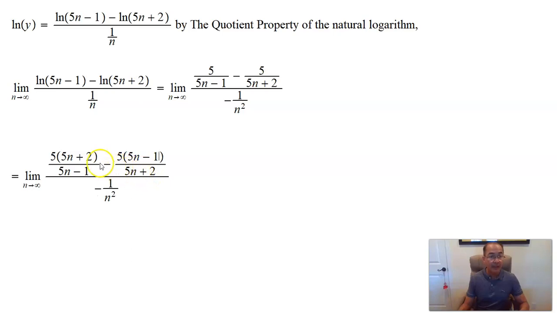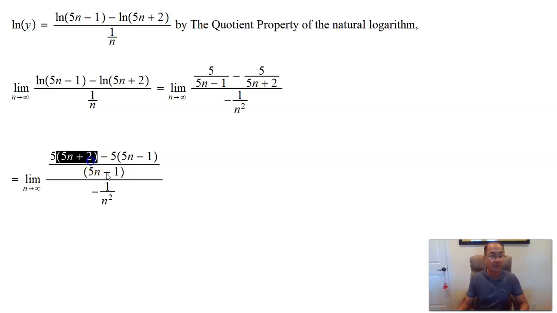Okay, and we will combine it to a single numerator. So let's put these two numerators together. And then in our denominator, we will have 5n minus 1 multiplied by 5n plus 2, which I have over here. There you go. 5n plus 2.